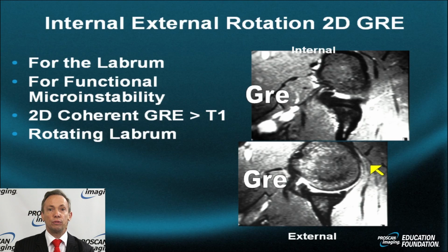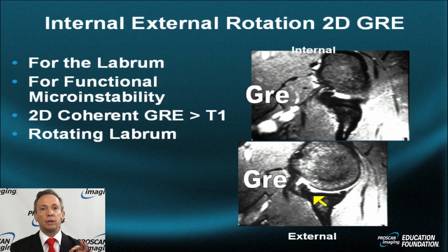This is valuable for any form of functional instability, where you have a very small flap or an area of hypertrophied labrum that an internal rotation folds in and an external rotation pops out, and the patient experiences a click or an audible clunk and feels the sensation that the shoulder will give way, but on physical examination, there's no dislocation and there is no locking. This is the definition of functional instability.